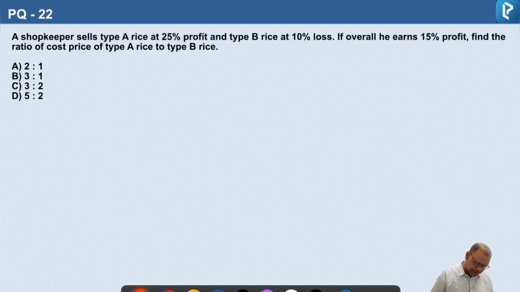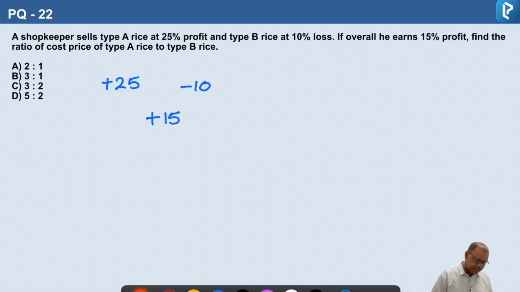Let us take profit as positive and loss as negative. Two varieties are there, so let us use alligation here. Plus 25 is type A, and type B is minus 10 because it is a loss. Overall he gets a profit of 15%, so we take it as plus 15.